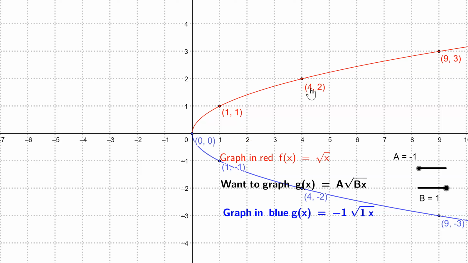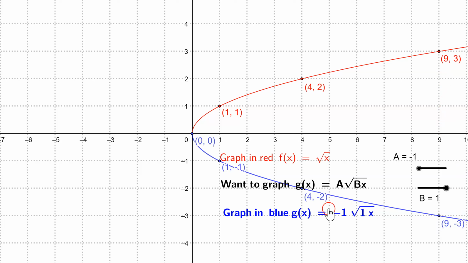The point 4, 2, it was 2 units above the x-axis, now becomes 2 units below the x-axis, but notice the x values stayed the same. Last point, 9, 3, 3 units above the x-axis became 3 units below.